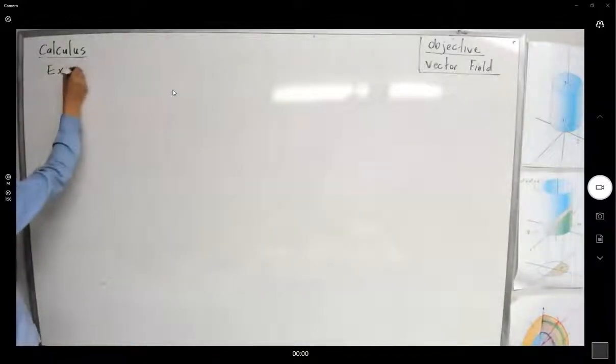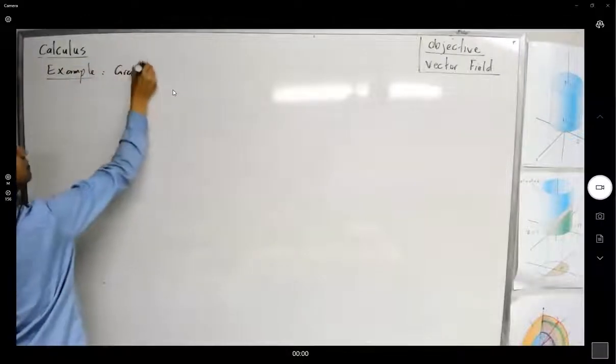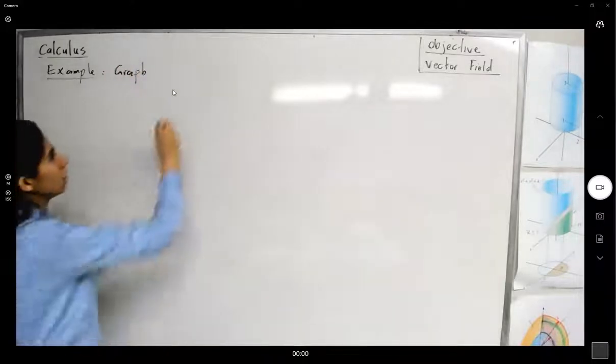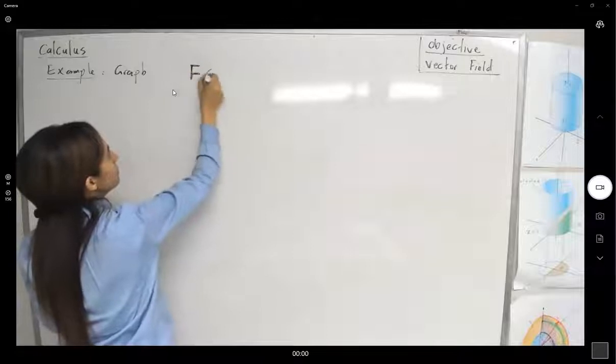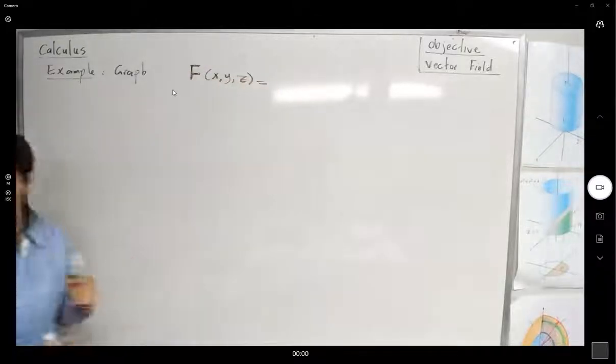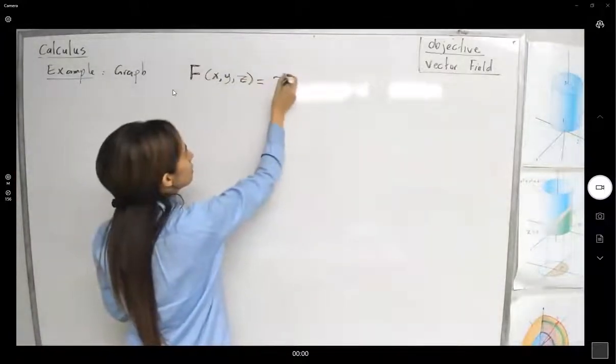Example: graph this vector field. We have F of x, y, z equals, well, it's given to us as z times k.